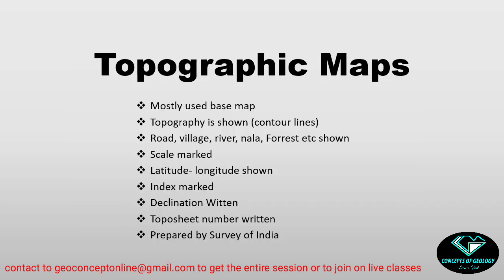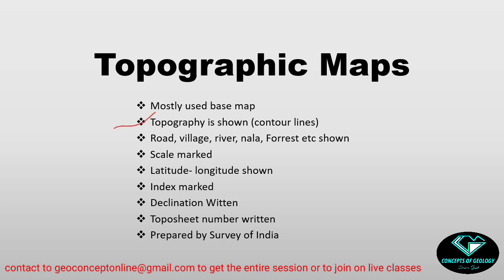Now for a while we will talk about the topographic map also, because in most of the cases of geological mapping we are using the topographic map as the base map. In a topographic map, the topography is shown, rivers, valleys or hills, those type of topographic features, they are shown.